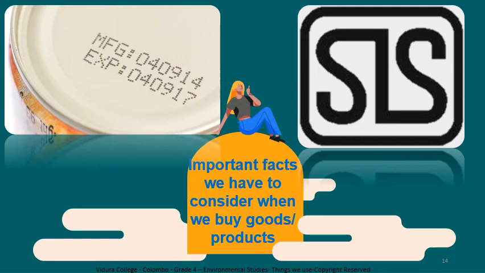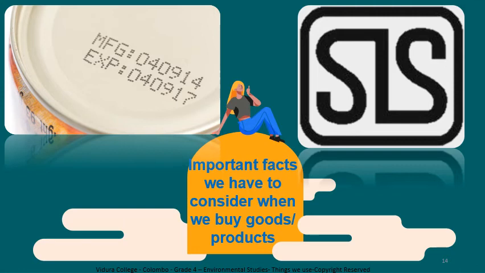When we buy goods, we have to consider some of the factors. These are called the important facts that we have to consider when we buy goods or products. They are the expiry date, manufacture date, SLS mark. You can see expiry date as EXP and manufacture date as MFG.